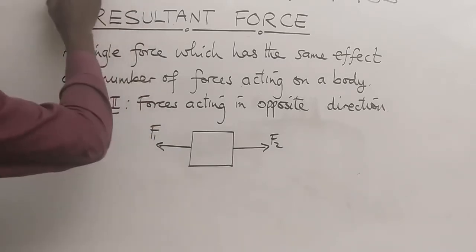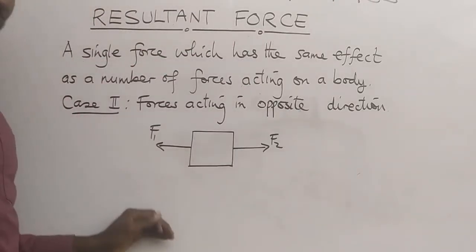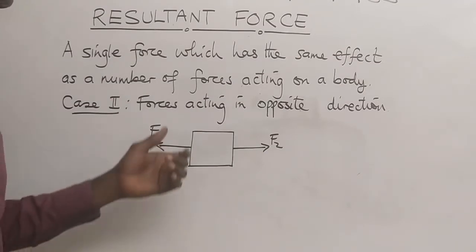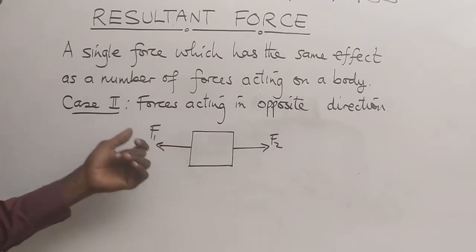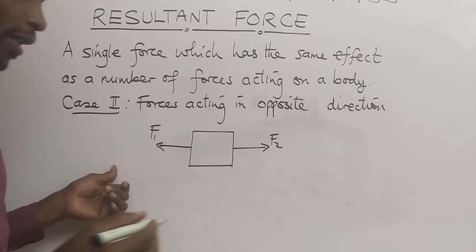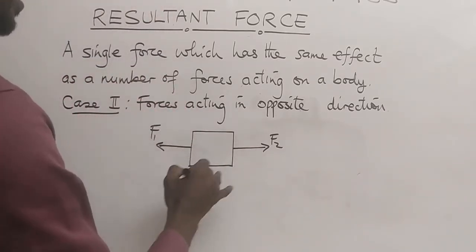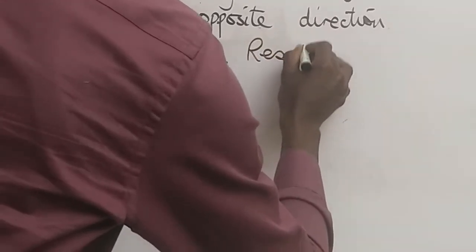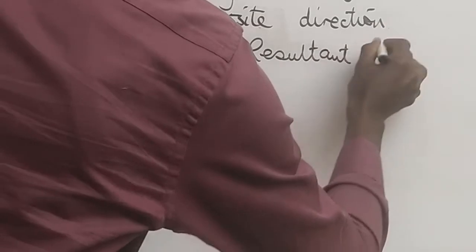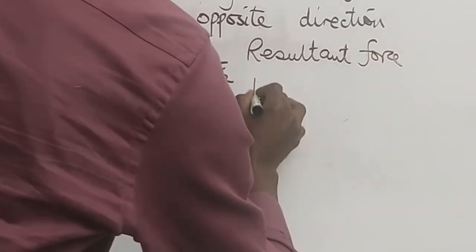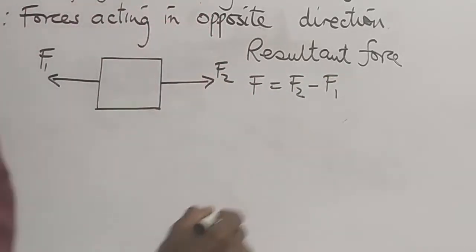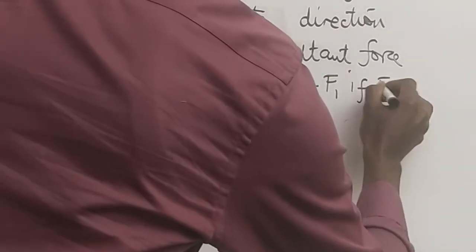Since this is ordinary level, I will take the idea of the first case, where we look at the larger force minus the smaller force. Here we just subtract: the resultant force F is going to be F2 minus F1, that is if F2 is greater than F1.